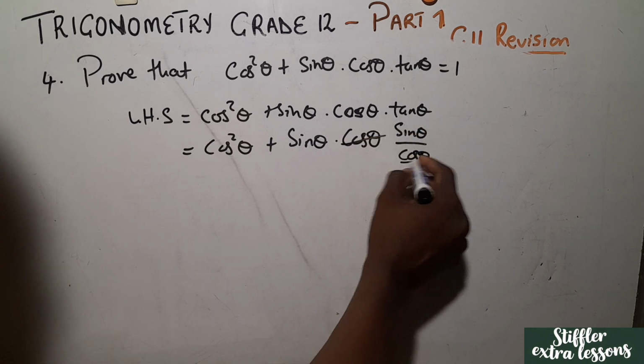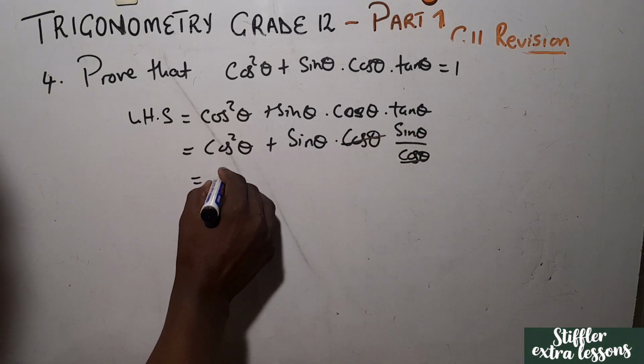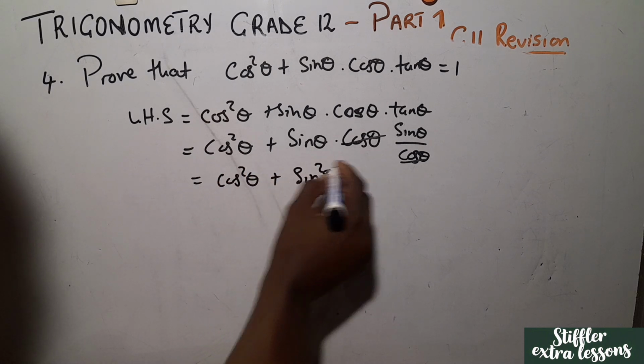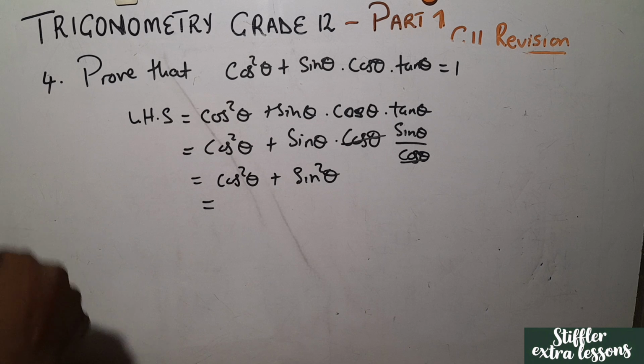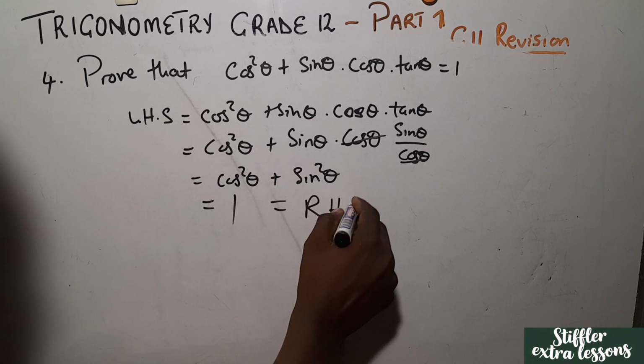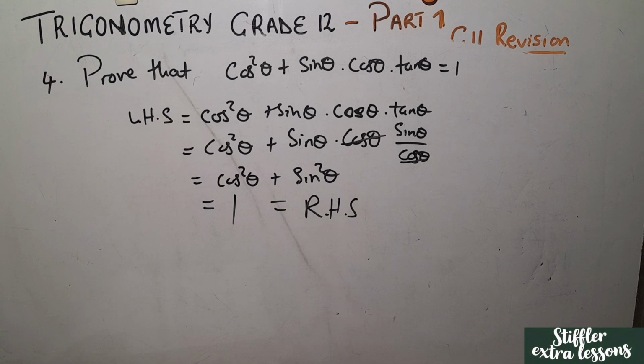So this end that can cancel out, and we'll be having cos squared theta plus sine squared theta, and cos squared theta plus sine squared theta is equals to 1, which is equals to the right hand side.